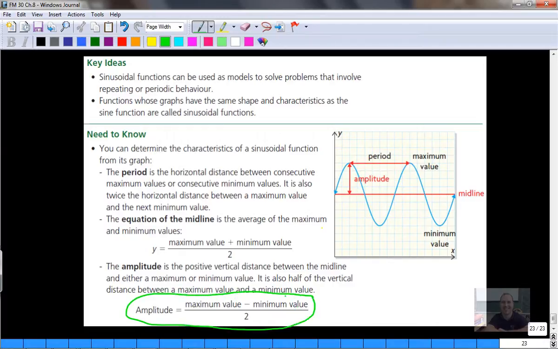Which I found in the past that this formula actually is more confusing to people. If you see it on the graph, it's quite a bit easier. But the equation of the midline here, this is the actual formula for the equation of the midline, if you want that. Again, it's maximum plus minimum value divided by 2. That's the equation of the midline. So you might want to write this down for your notes. And that's a little bit more methodical, just formulaic way here, instead of just looking at the graph.